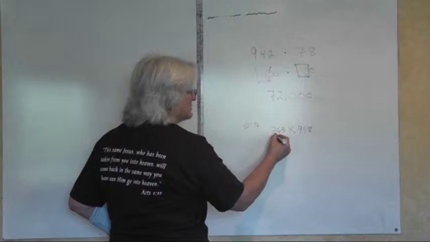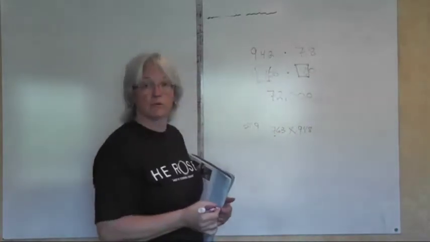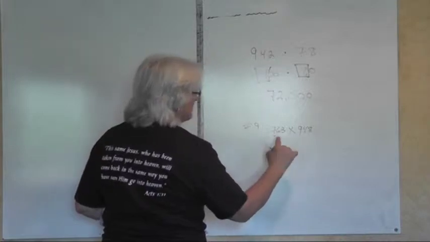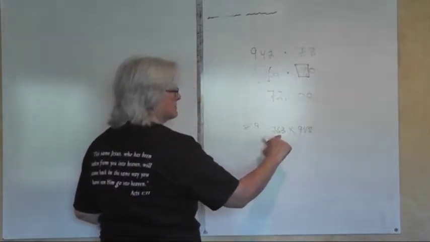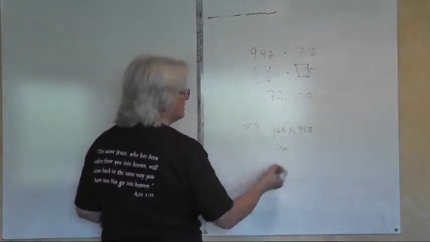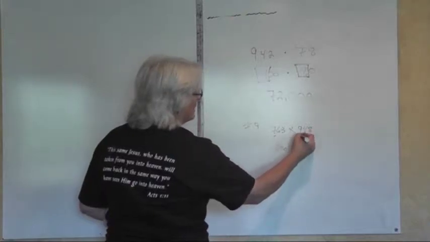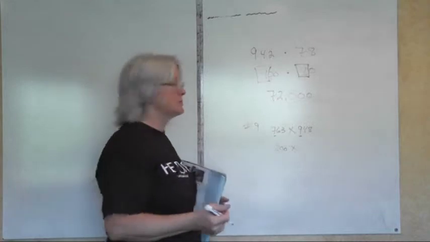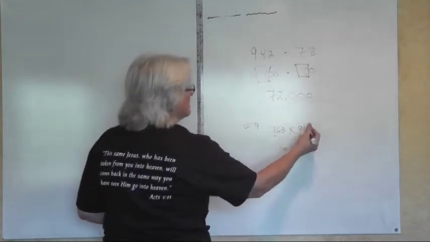763, its greatest place value is the hundreds. We're going to round 763 to 800 because the 6 means that this number rounds up. 948, its greatest place value is the hundreds, so we're going to round to the hundreds.